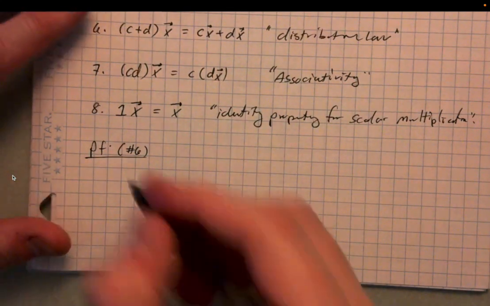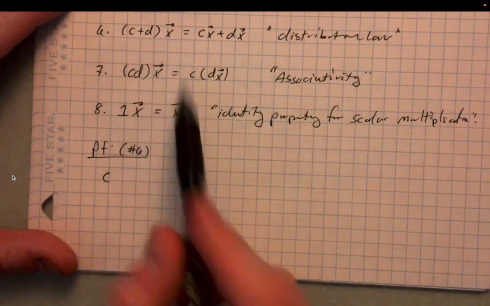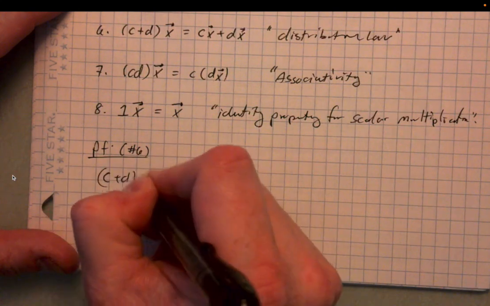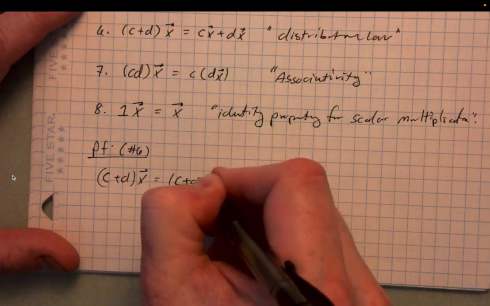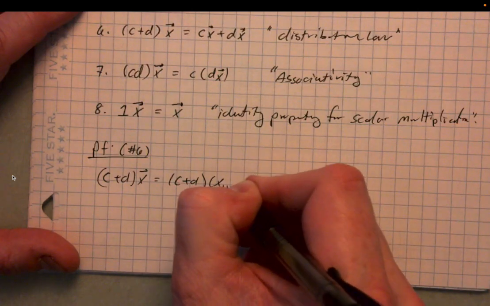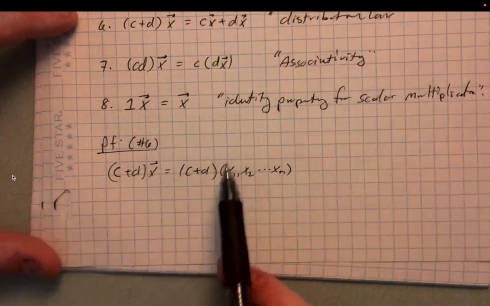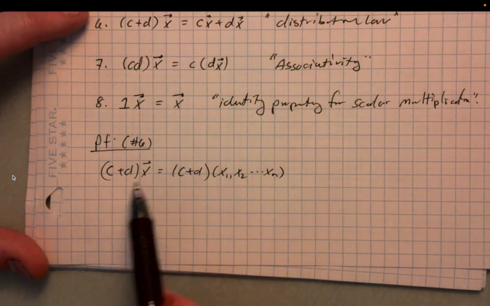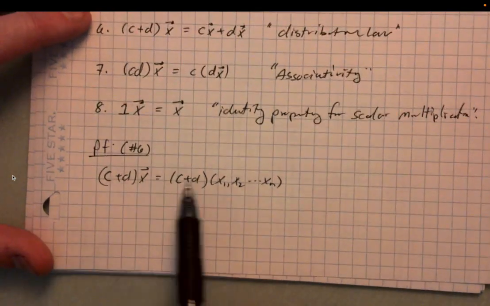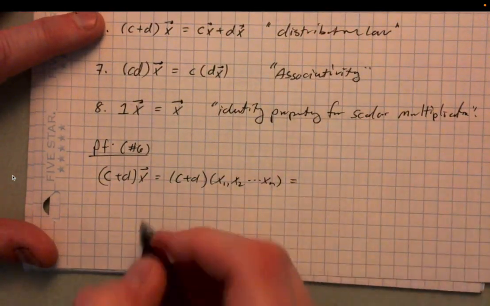So what we can do here is we can say, okay, we'll start with just c plus d times x. Well, what is that? That's c plus d times x1, x2, dot, dot, dot, xn, right? So c plus d, those are scalars, and this is a vector, right? And so first thing I can do is just distribute the scalar sum throughout the expression.